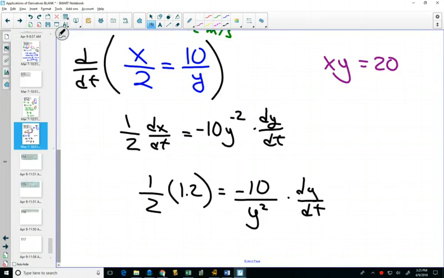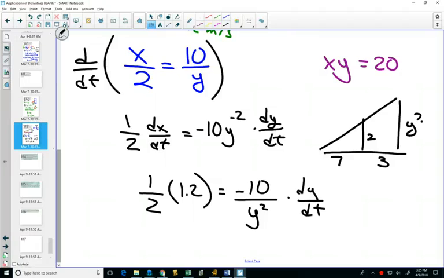So in order to figure this out, we need to know what y is at that moment. So again, let's look at our triangle, and what we're trying to find is the value of y at this moment. Again, we can use ratios, right?